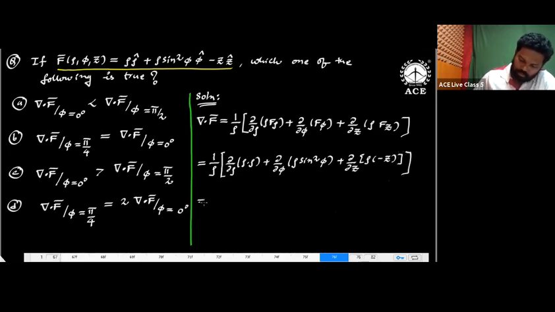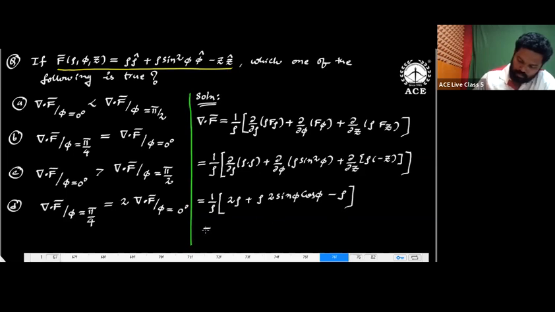So here it is 1 by rho into rho square, which gives 2 rho, plus rho into 2 sin phi cos phi, minus rho.